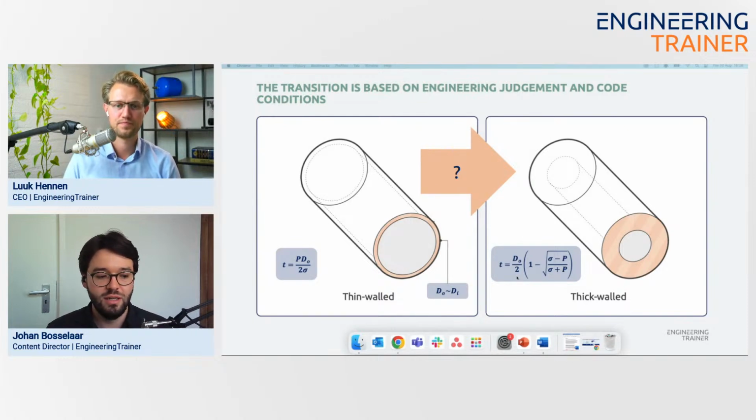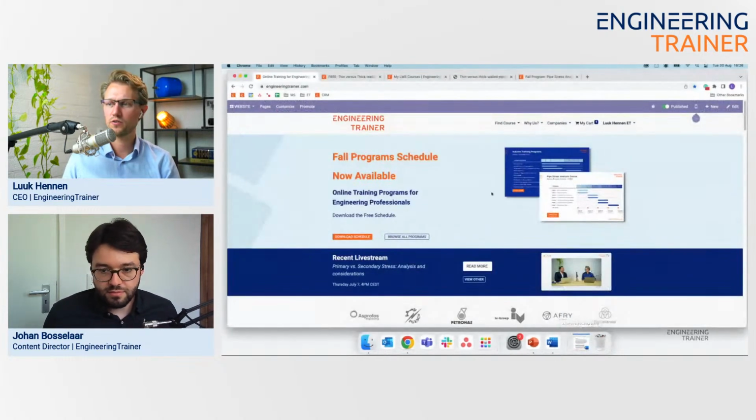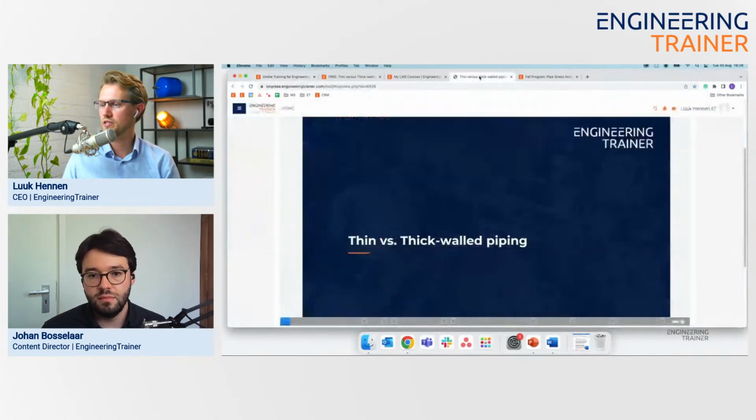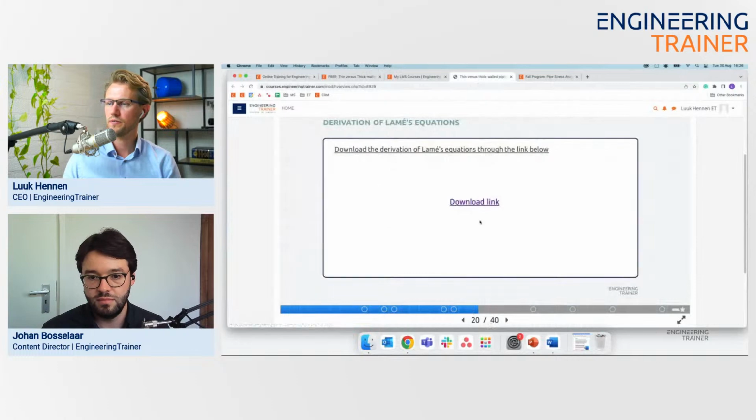For the standard equation for thin wall pipes, it's P over sigma, and for the thick wall pipes, it's a bit more extensive, a bit more difficult equation with a square root and stuff. So in the course, it might be worth mentioning, when you do the module, I think it was slide 20.